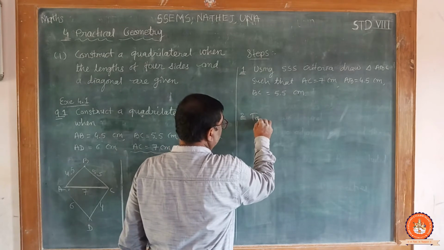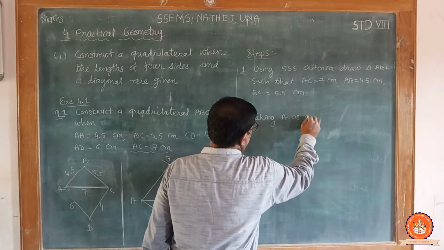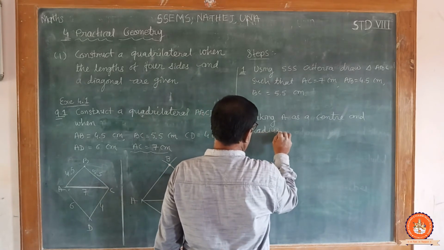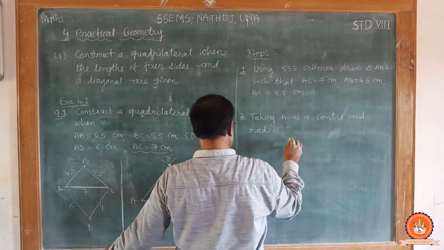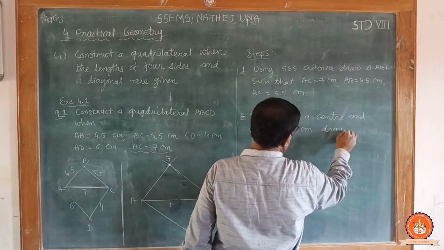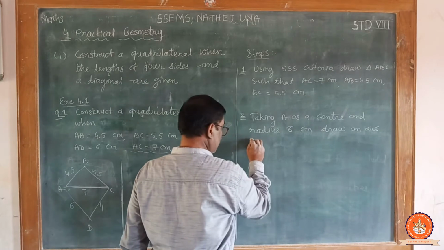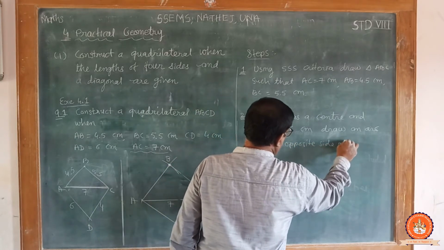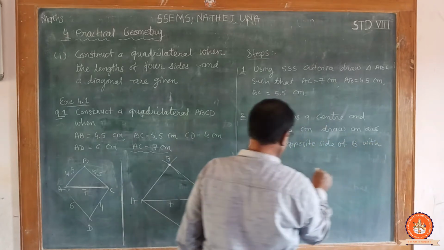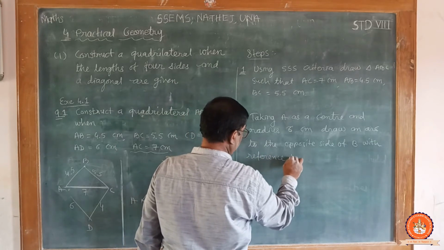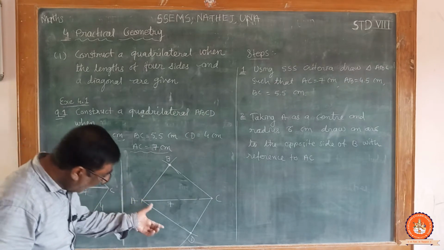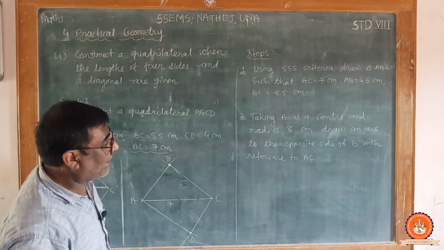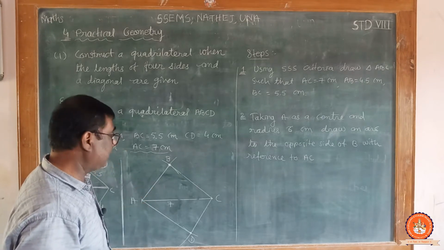So taking A as a center and radius 6 centimeters, draw an arc to the opposite side of B with reference to AC.